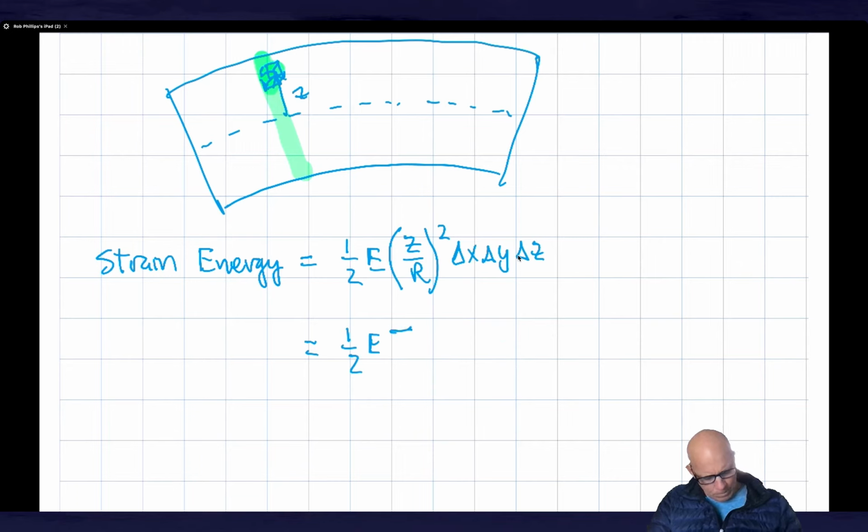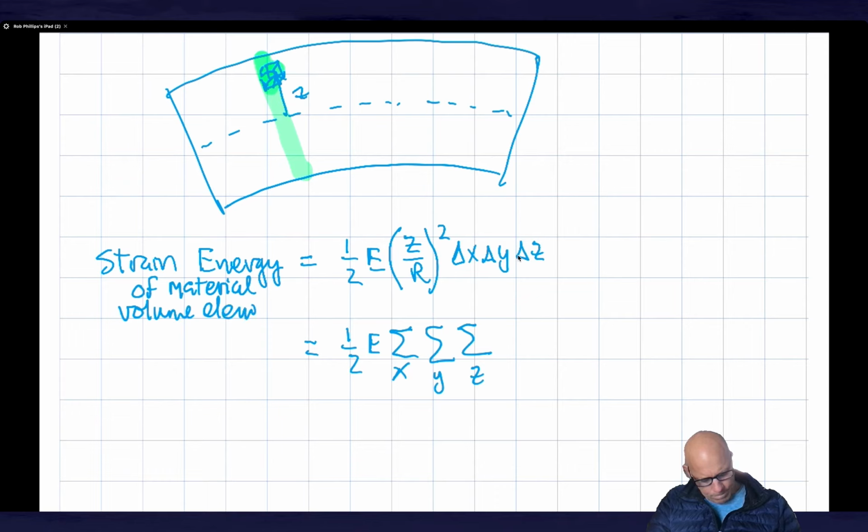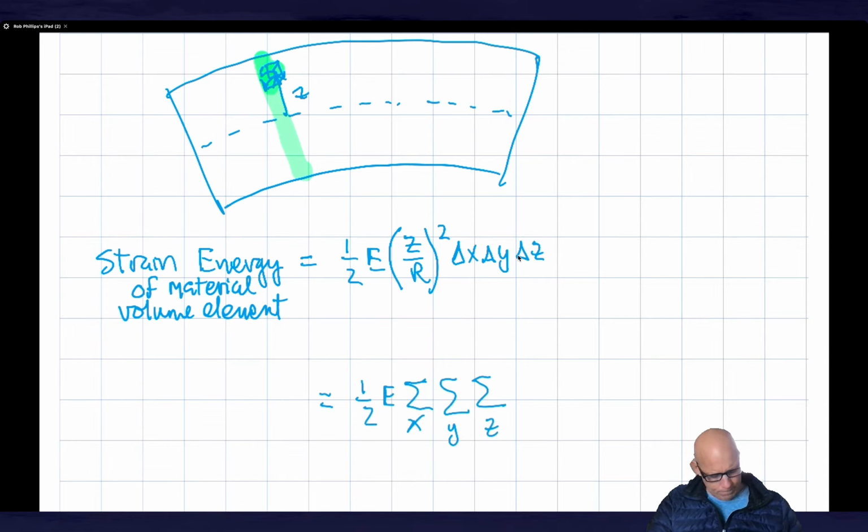So there's a sum over all x's, there's a sum over all y, and there's a sum over all z. So the first strain energy that I wrote was of a material volume element. So let me get my notation right here. And what I'm trying to do now is get the total strain energy.